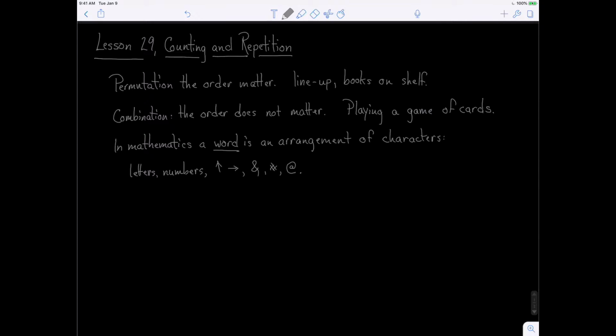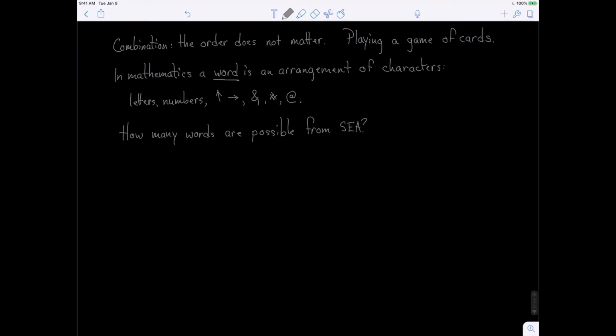So let's see how many words we can write, and we'll write this down. How many words are possible from SEA? All right, this is how we attack this. So what I'm going to do first is I'm going to write out just ways I could arrange SEA.